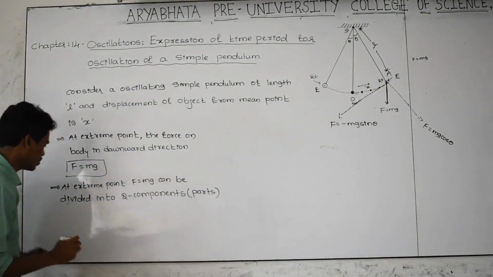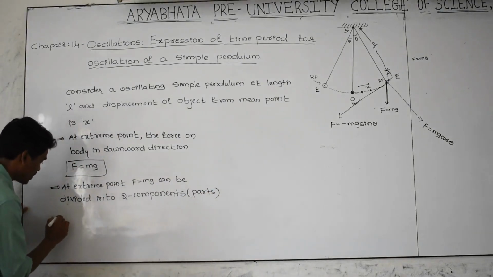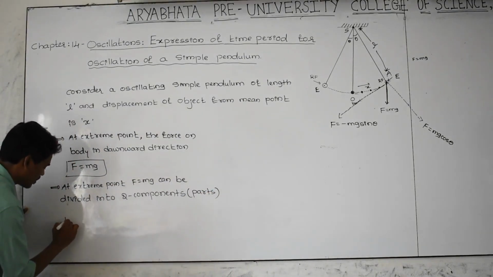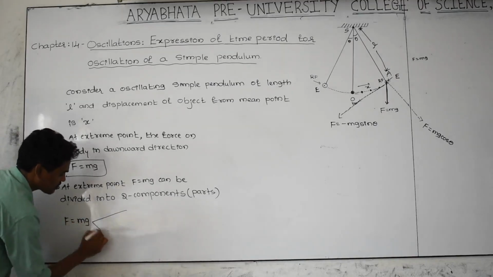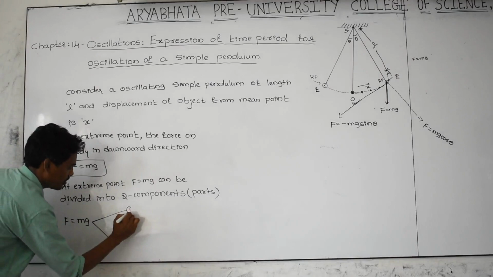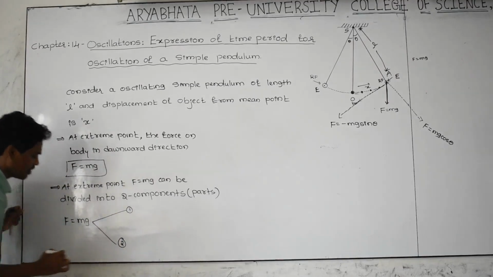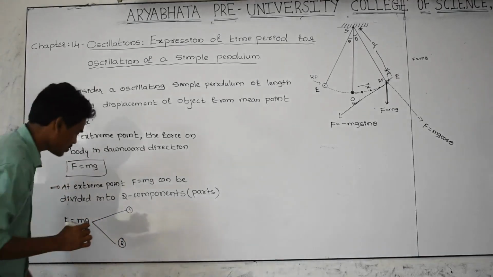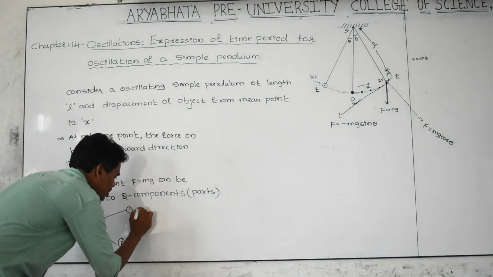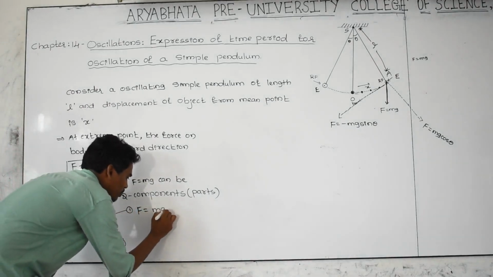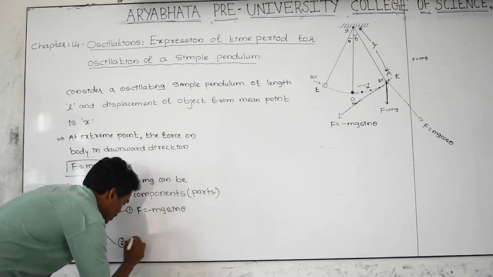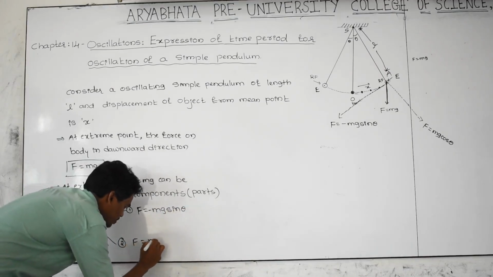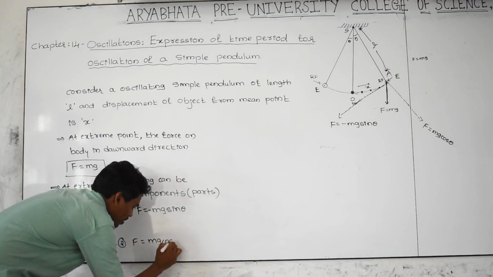F equal to mg can be split as, first one F equal to minus mg sin theta, and second one F equal to mg cos theta.